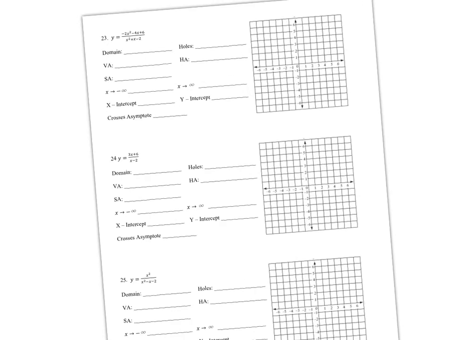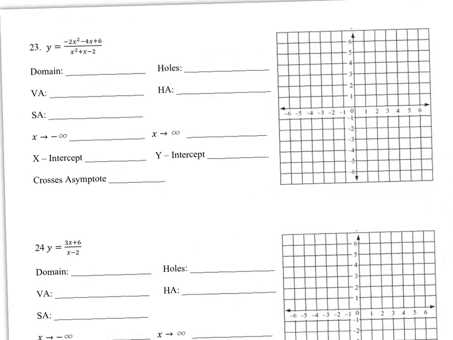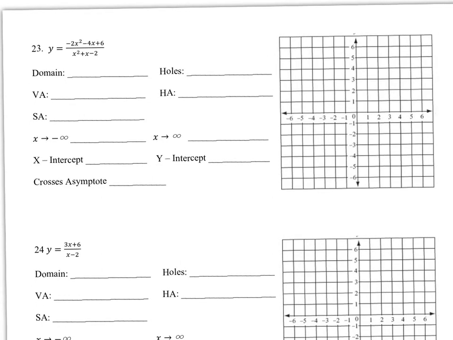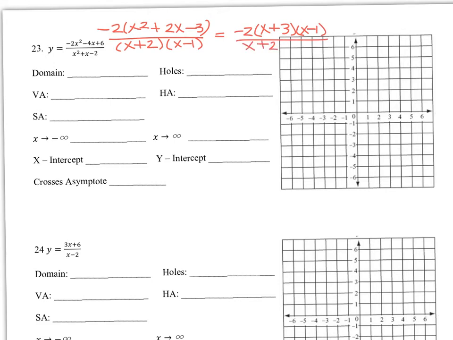So, if we take a look at this next one, I'm going to go ahead and factor out a negative 2. So I'm left with x squared plus 2x minus 3 all over x squared plus x minus 2. So I can keep going. I now have negative 2 times x plus 3 and x minus 1 all over x plus 2 and x minus 1.